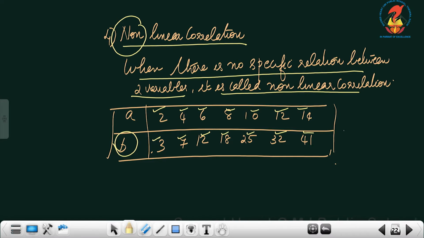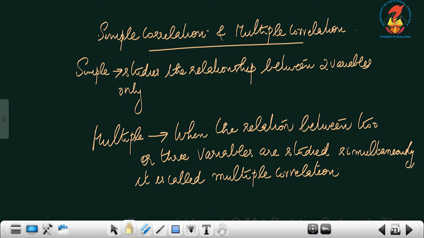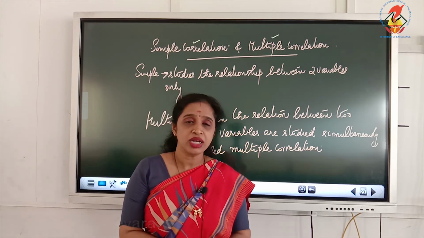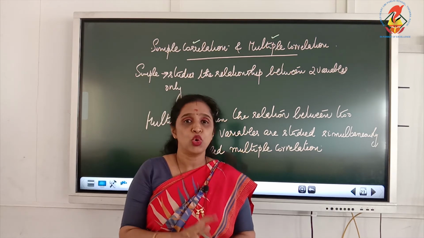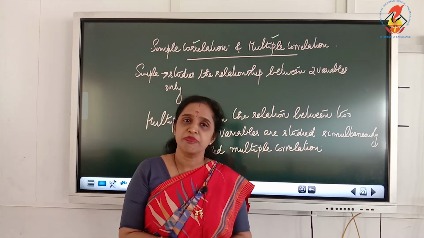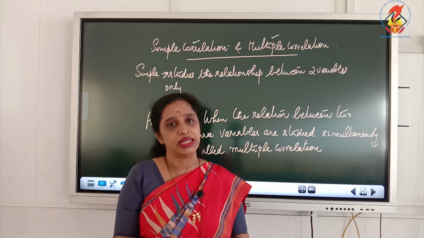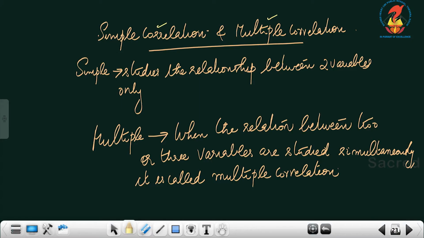Now, apart from this, we need to discuss the other two types of correlation. One is simple correlation and the other is multiple correlation. What is meant by simple correlation and multiple correlation? Regarding simple correlation, if we are learning the relationship between two variables, we can call it a simple correlation. Not single, simple, S-I-M-P-L-E, simple correlation.